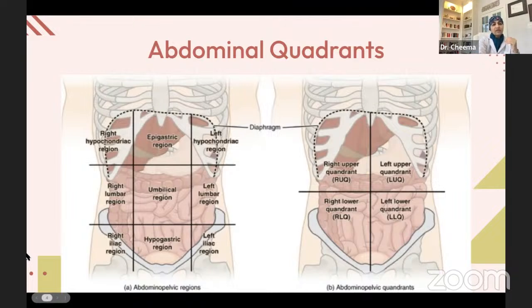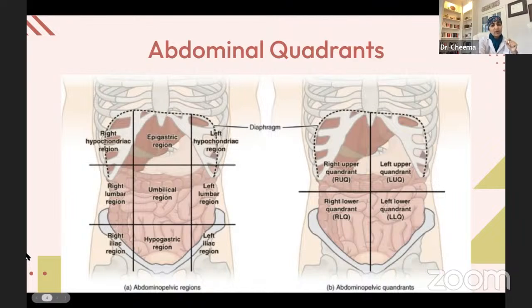And these terms are basically used to identify different organs.